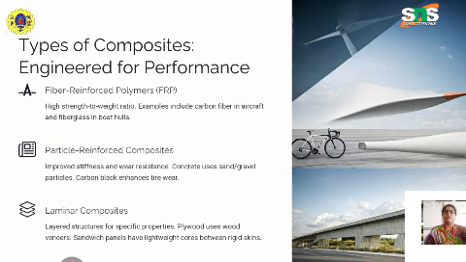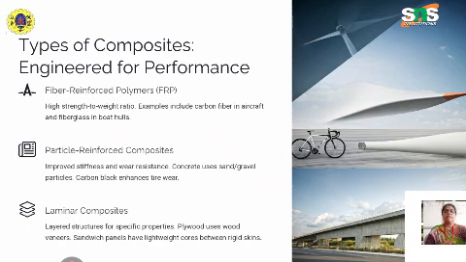Types of composites. There are different types of composites, engineered for different purposes and good performance. One is fiber reinforced polymers, called FRP, with a high strength to weight ratio.